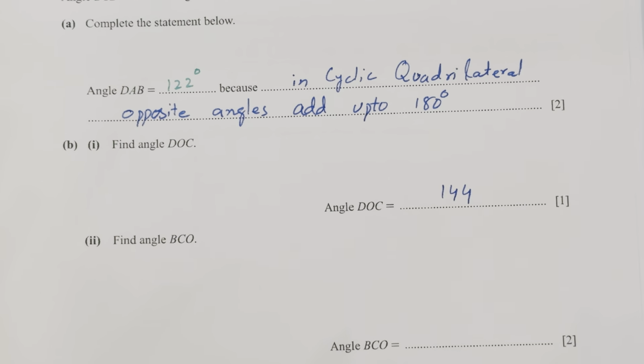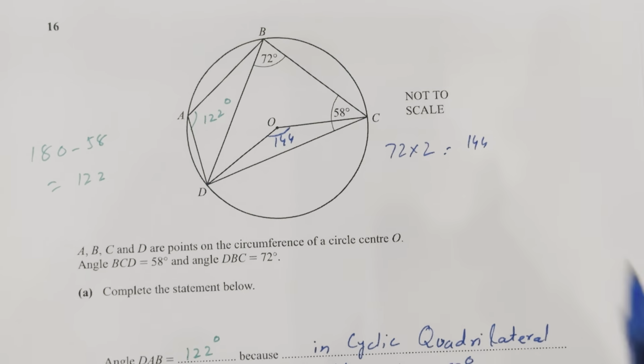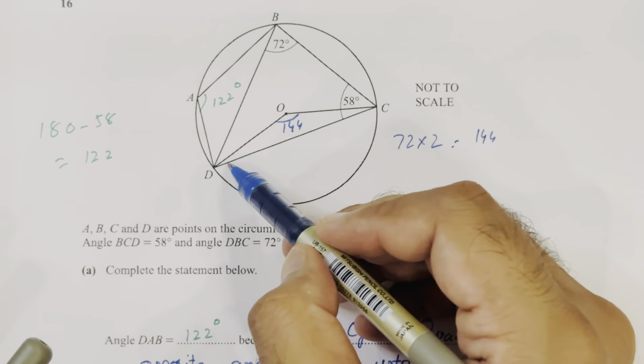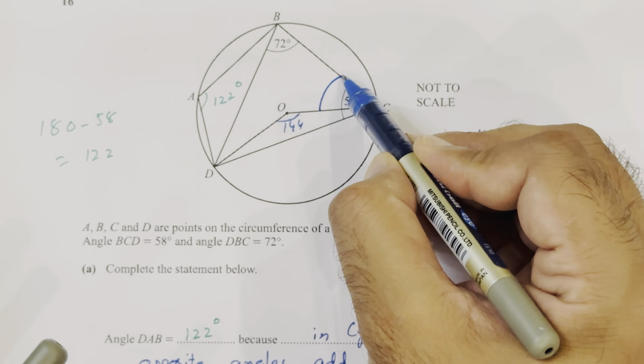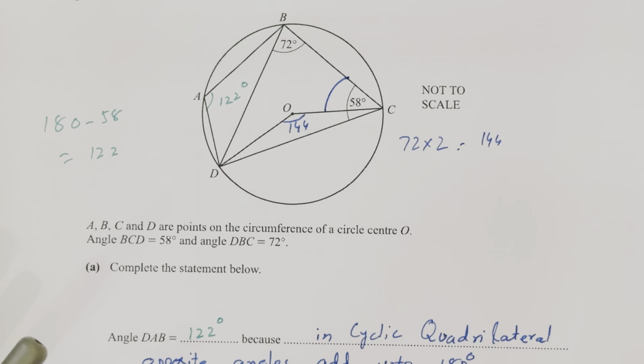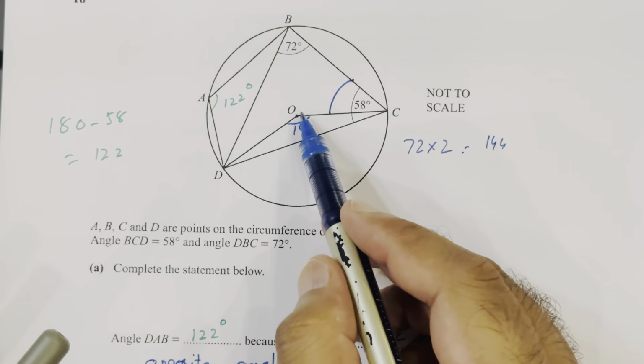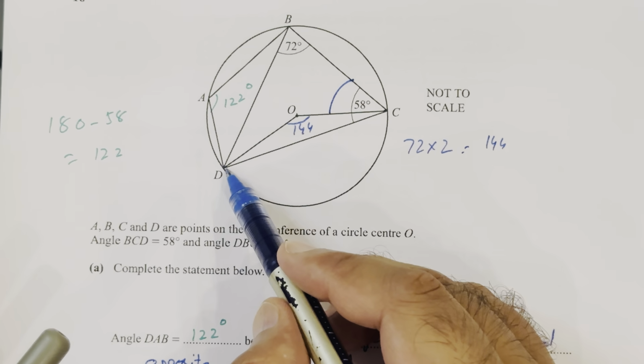Find angle BCO. It means we need to find this angle BCO. We know that OC is a radius and OD is a radius.